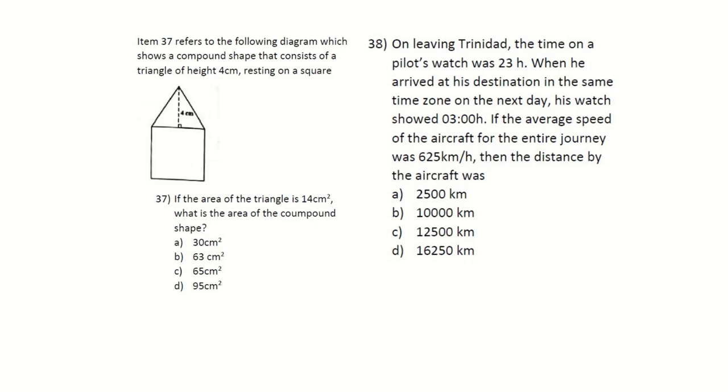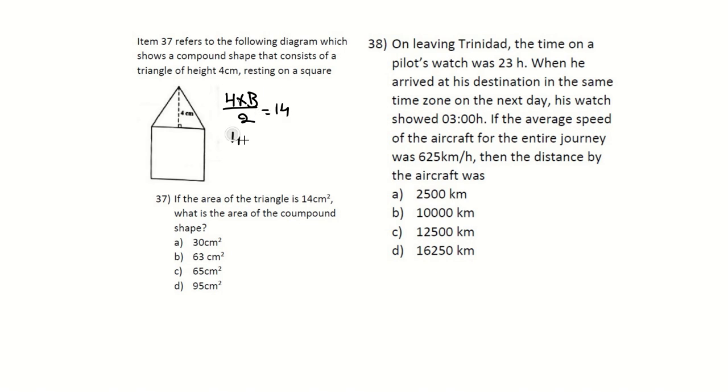Item 37 shows, we did this question. Wait, did we? No. Item 37 refers to the following diagram, which shows a compound shape consisting of a triangle of height 4 resting on a square. If the area of the triangle is 14, so 4 times my base over 2 is equal to 14.